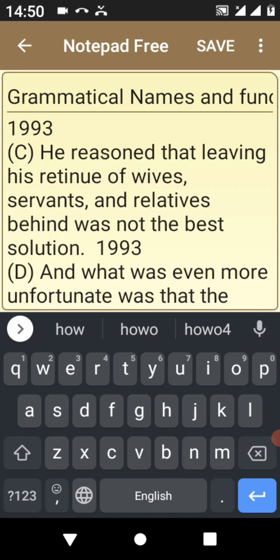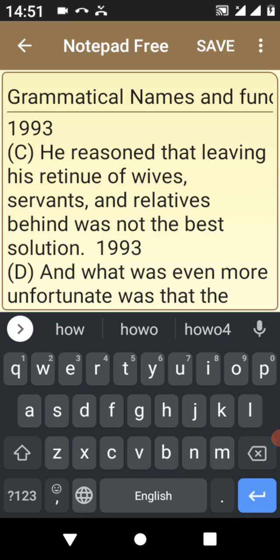Now the underlying words start from leaving his retinue of wives, servants and relatives, up to behind. So he reasoned something.